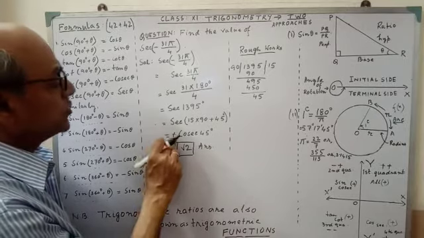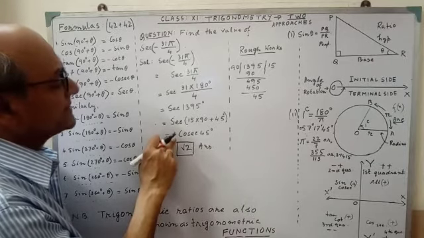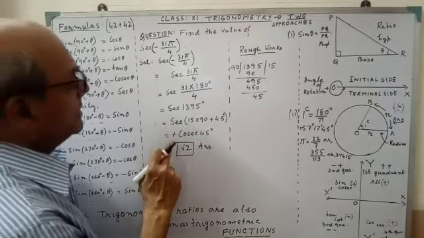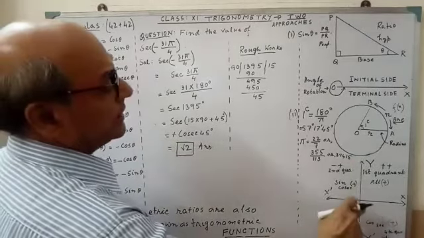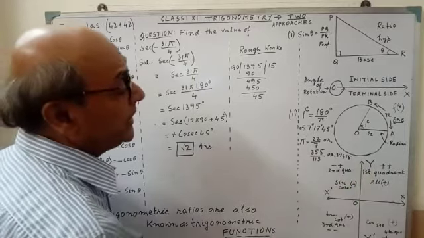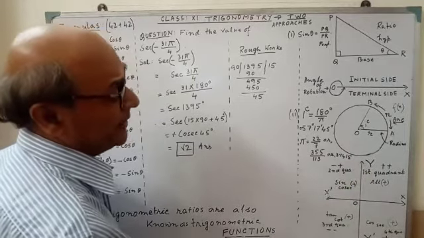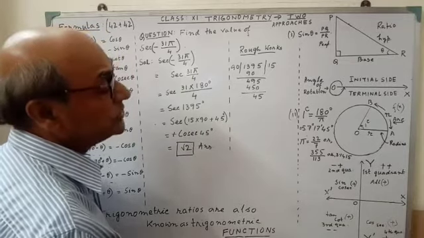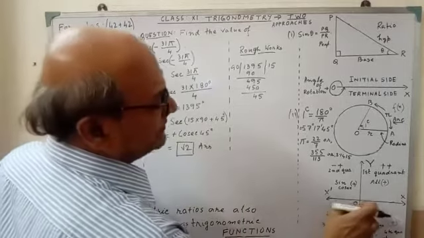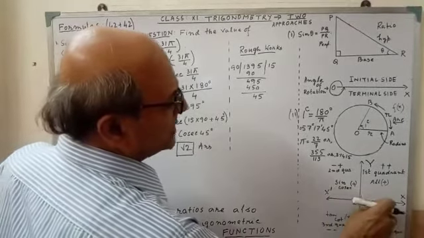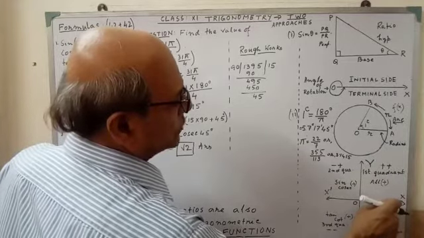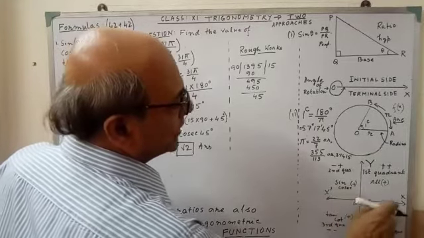Now the question, the value of plus or minus. After the rotation, in which quadrant the final position of the line is coming, you have to notice carefully. There is 15. After one rotation, that is 4, 2 rotations, that is 8, 3 rotations, that is 12, and 4 rotations, 16.